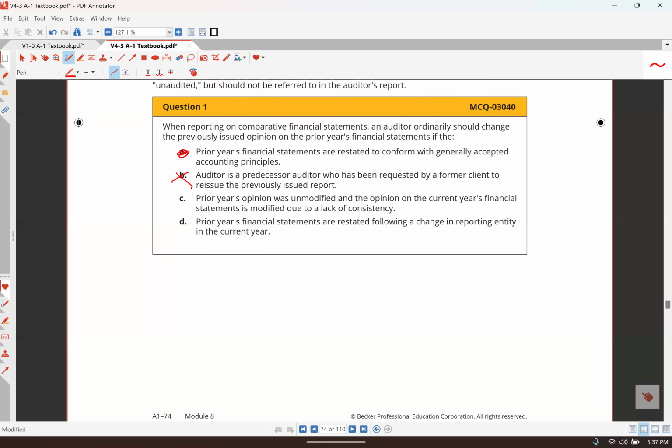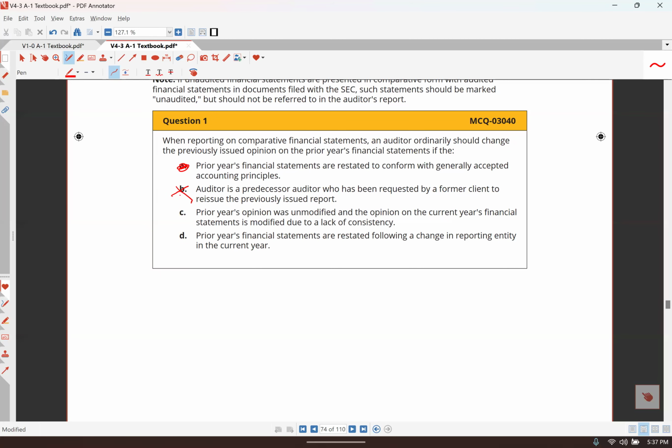Okay. Good. Professor, I have a question on the answer B specifically. Let's say that I am the predecessor auditor and you are the successor auditor. The only one who can request the predecessor auditor to reissue the previous report is the successor auditor, right?